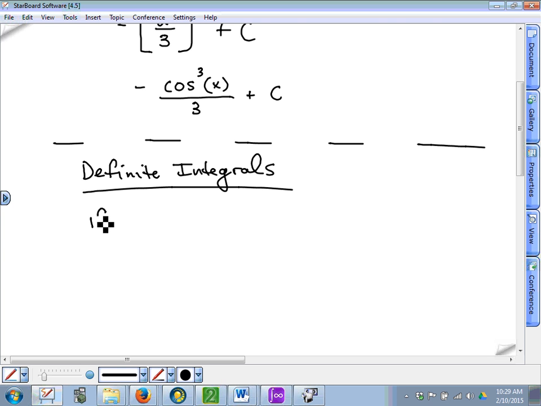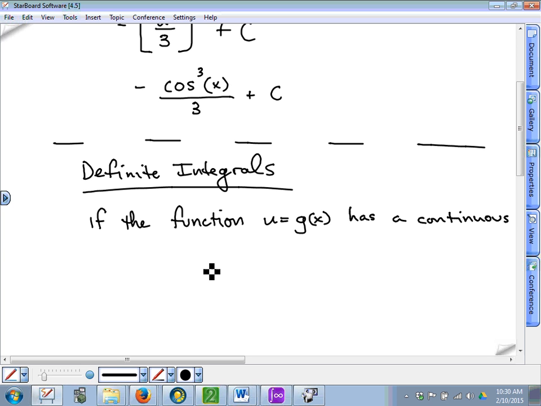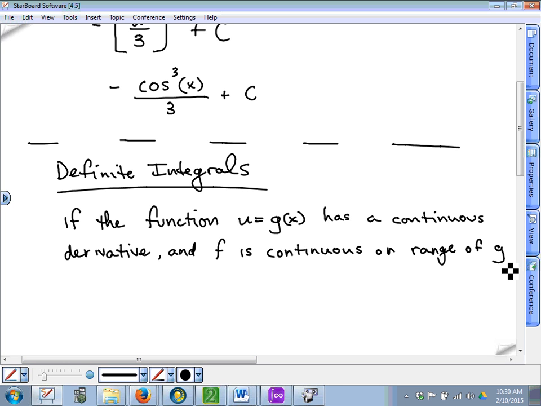There's a little definition I want you to write. If the function u is equal to g of x has a continuous derivative and f is continuous, this first part isn't super important, it's just what the book says, and continuous on the range of g.